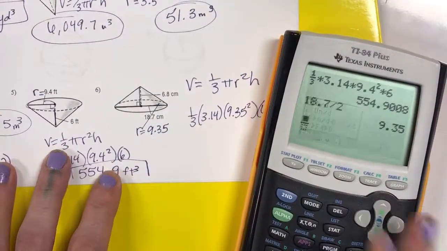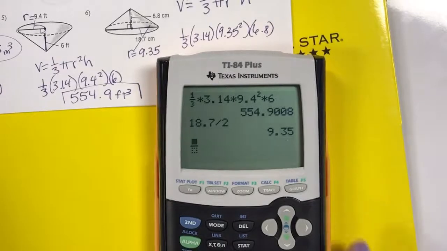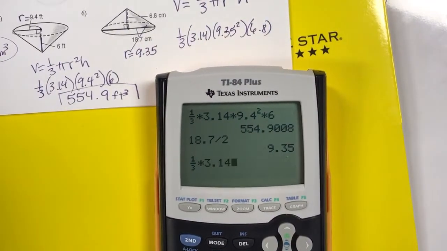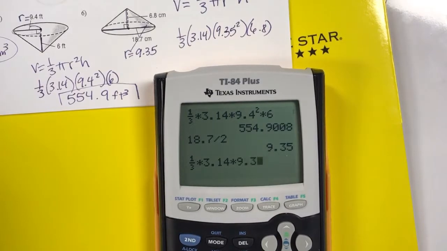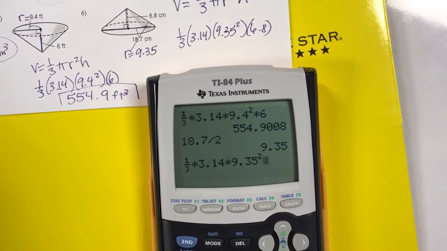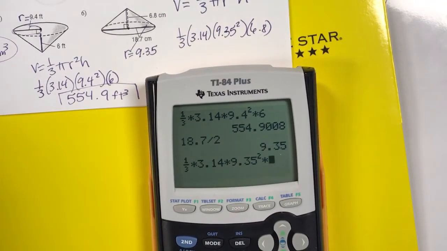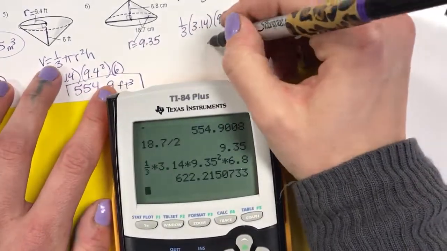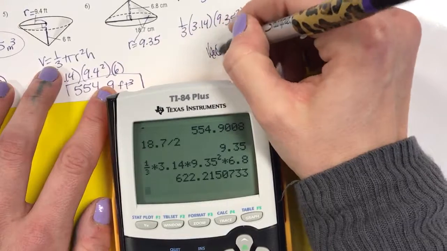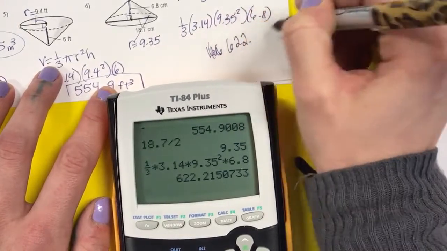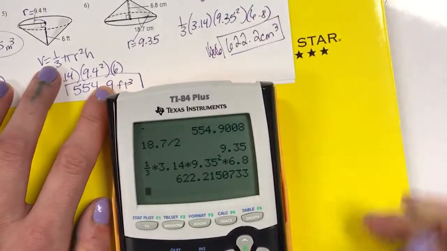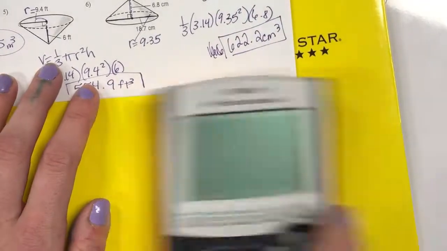So 1/3 times 3.14 times 9.35 squared times 6.8, and we get 622.2 centimeters cubed.